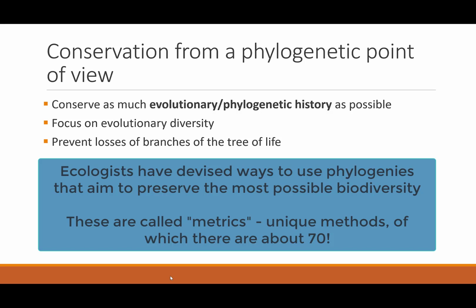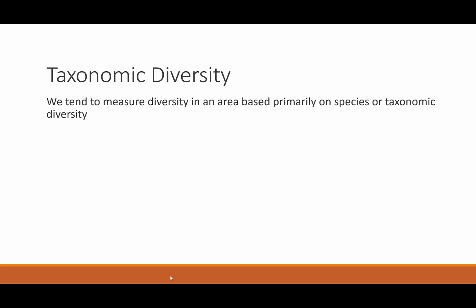So we'll talk about a couple of metrics. There's 3 major ones that I will introduce to you, and they're all based on one basic approach. Let's first talk about how we tend to see diversity on our planet. I'm just going to call this taxonomic diversity.